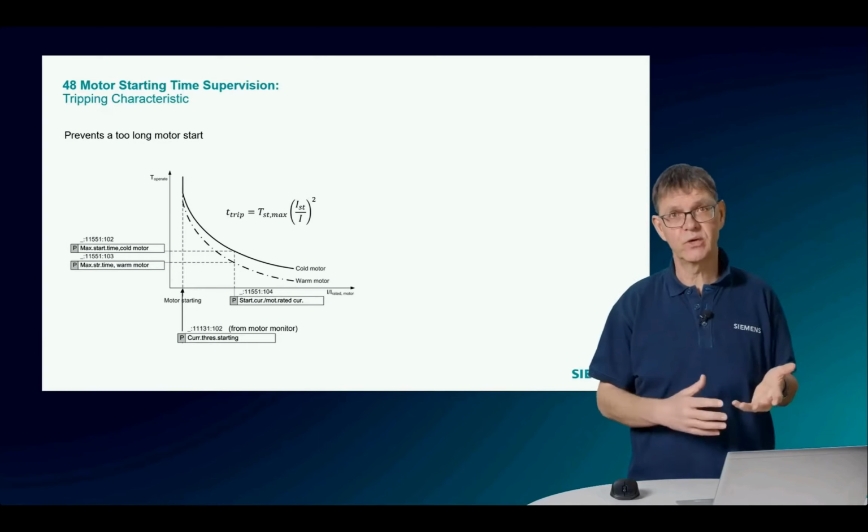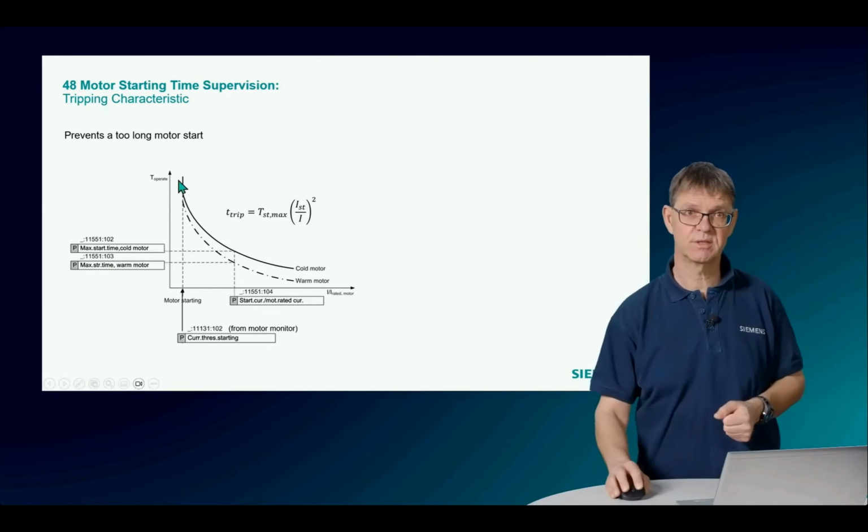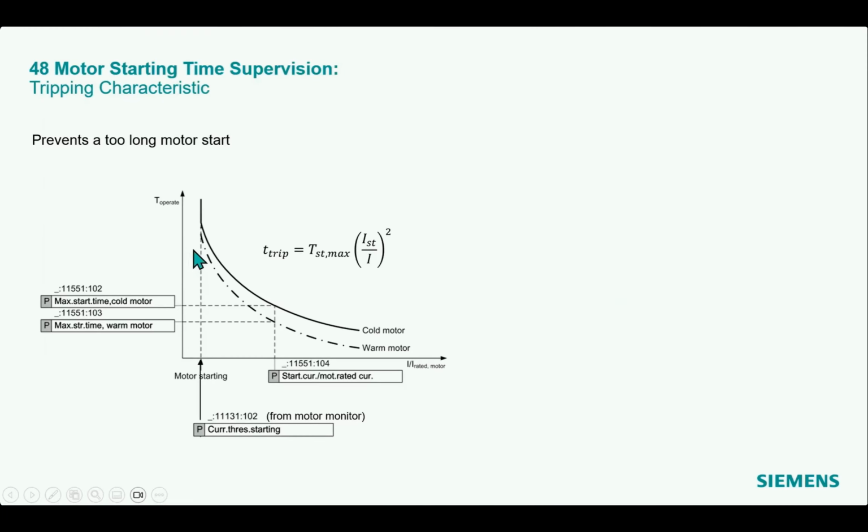Because normally we also get data from the motor manufacturer, similar curves as we see here for our tripping characteristics, saying, okay, for example, the locked rotor curve: if the motor has a locked rotor with a certain current, it can take a certain time from the warm state, and longer from the cold state, of course.